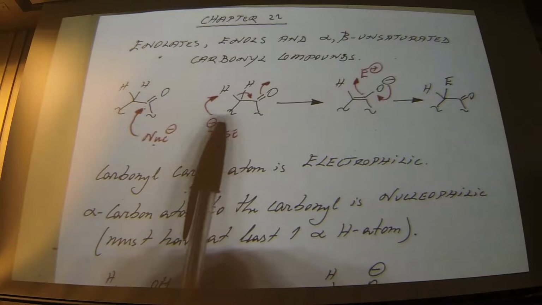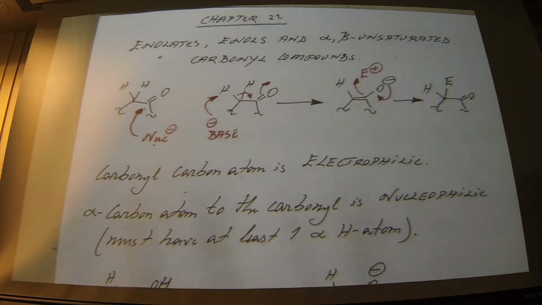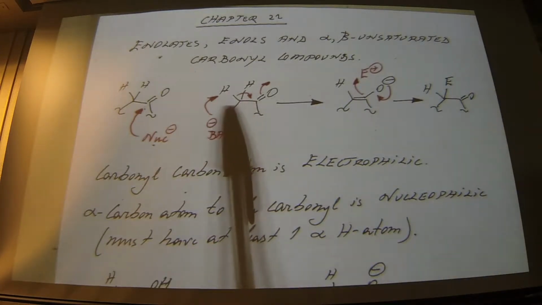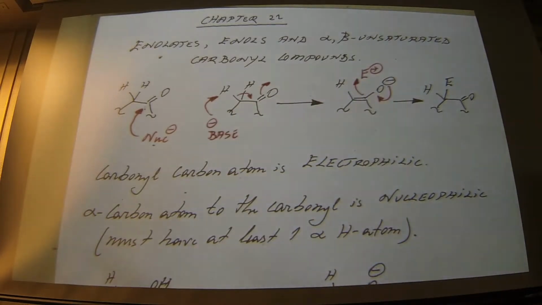But there's another reactivity that ketones show, and aldehydes and esters, any carbonyl compound that has at least one alpha proton. If you have at least one alpha proton, you can treat this with a strong base, pull that proton off, and form an enolate. The enolate is nucleophilic.